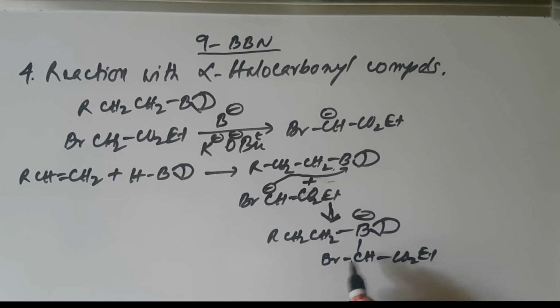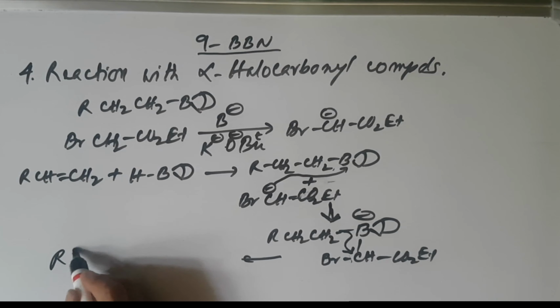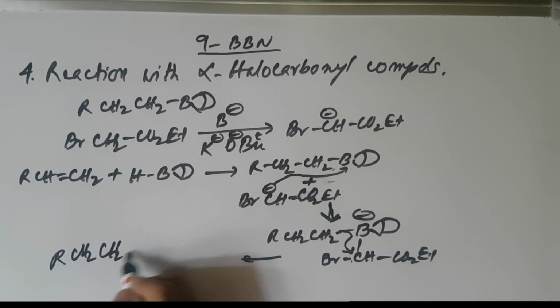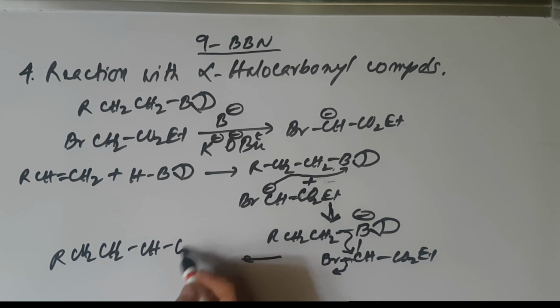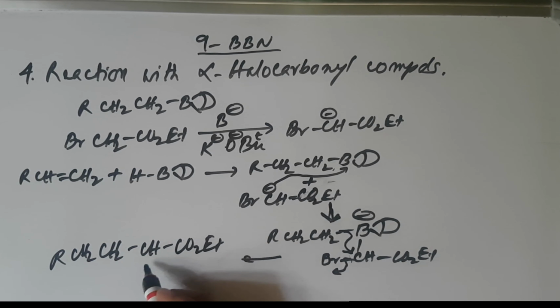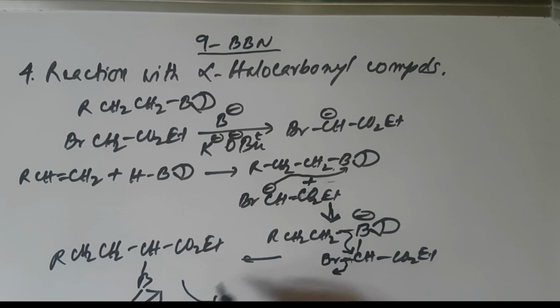Okay, then this migration takes place from here, like this. So we got a product, RCH2CH2CH, and bromide is lost. Okay, CHCO2R, then the boron. Okay, then finally this with alkoxide group.